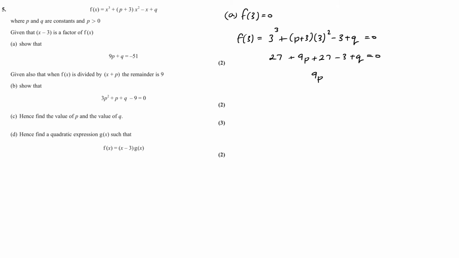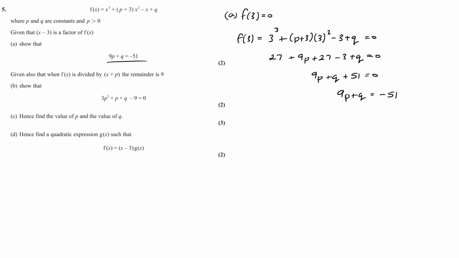So we've got 9p plus q plus 51 equals 0, and 9p plus q equals negative 51, as required.